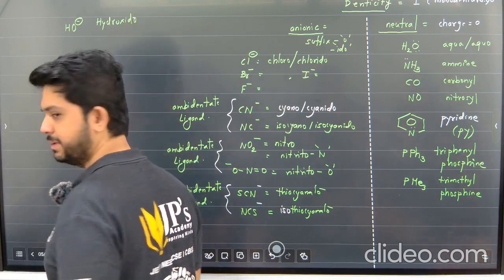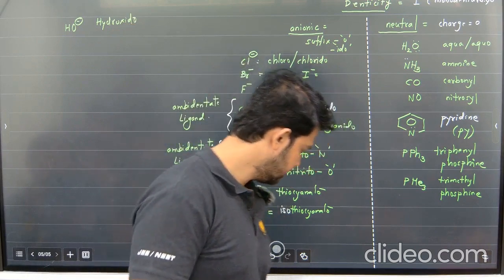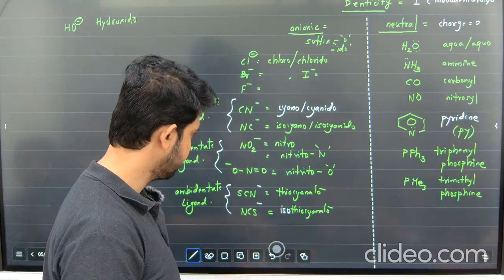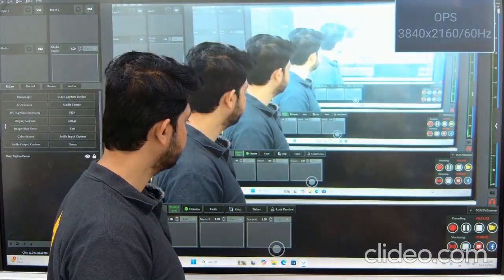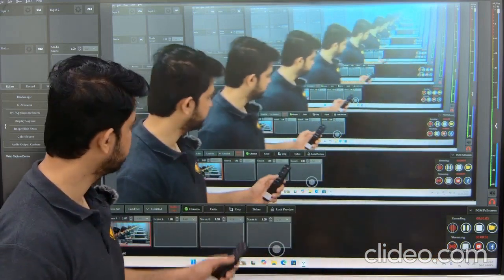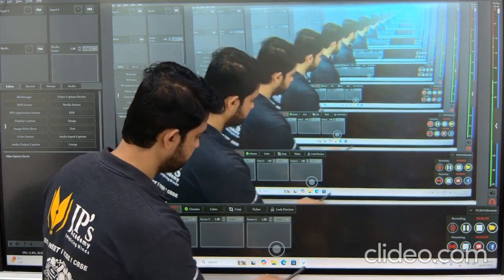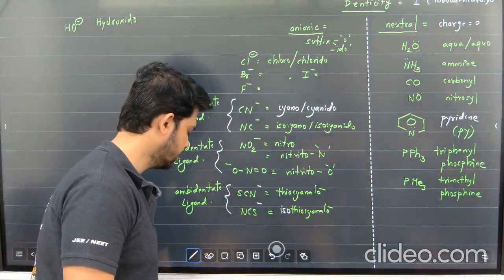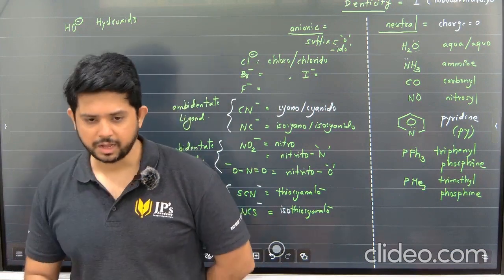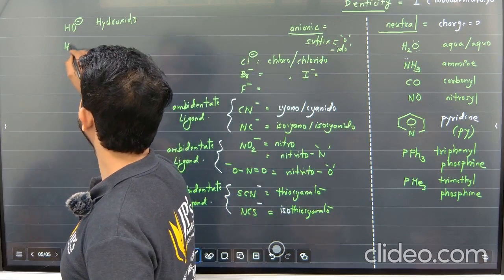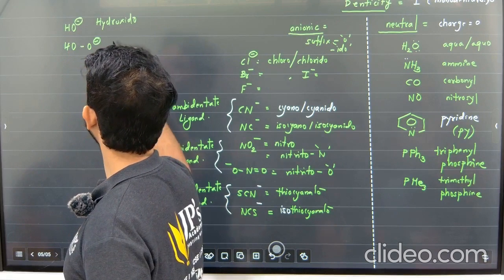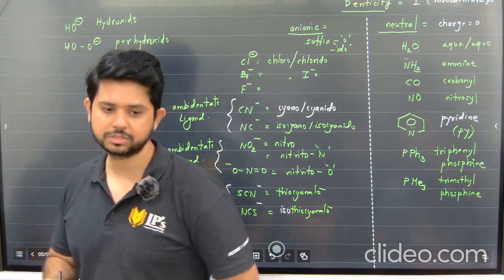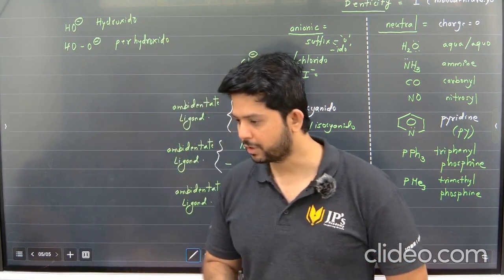Hydroxido. Then this is called perhydroxido, obtained from peroxide.